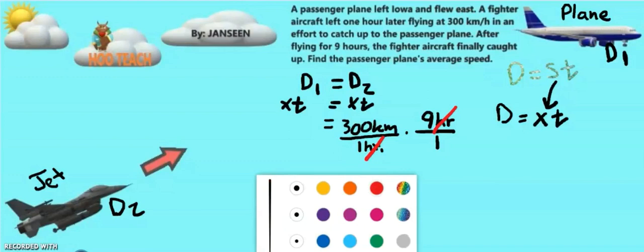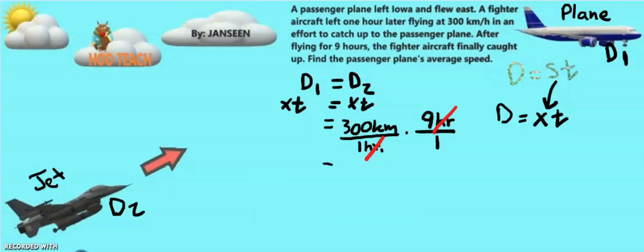It's going to leave me with 300 times 9. What is 300 times 9? You're left with kilometers, right? So your answer will be 2,700 kilometers. Perfect. We took care of D2.